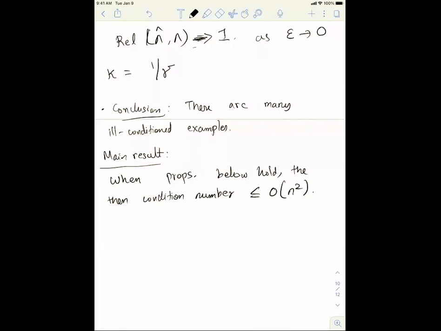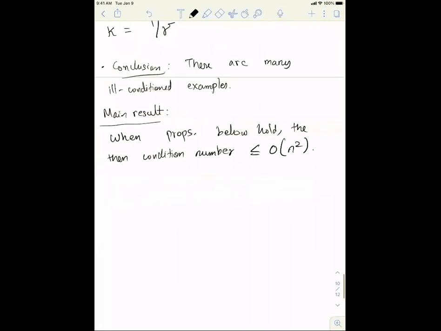So essentially, we identify certain sufficient conditions and show that under these sufficient conditions, this particular algorithm, Foygel et al.'s algorithm, is actually well conditioned. And what exactly are these sufficient conditions?